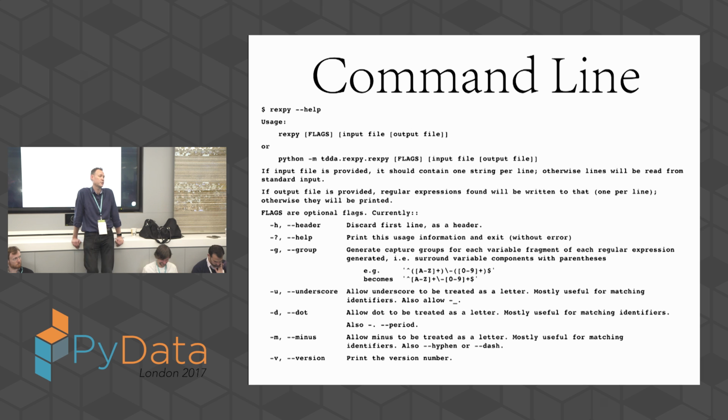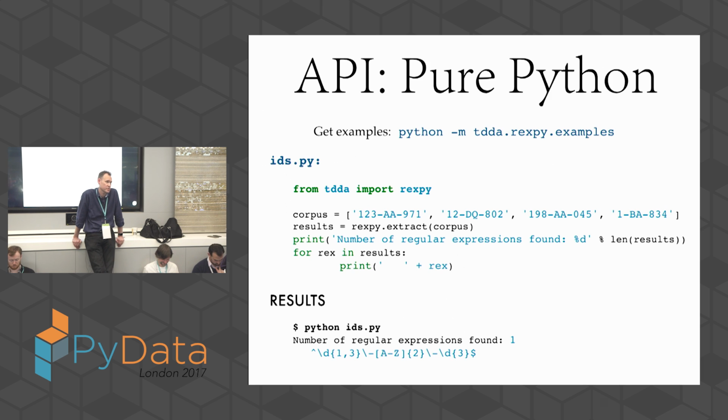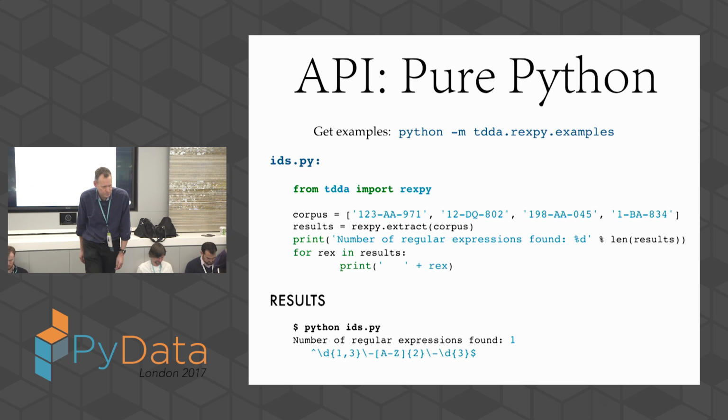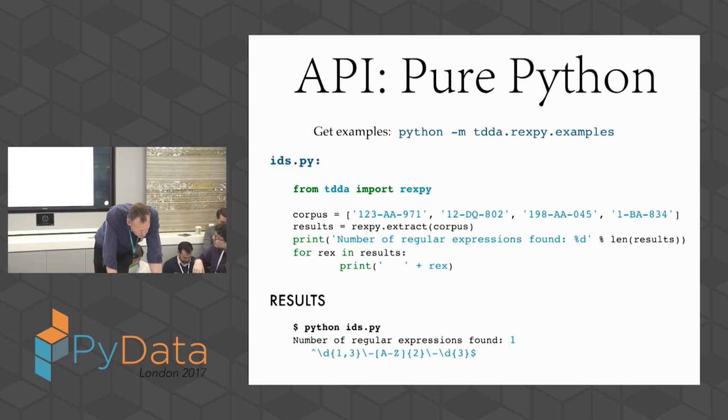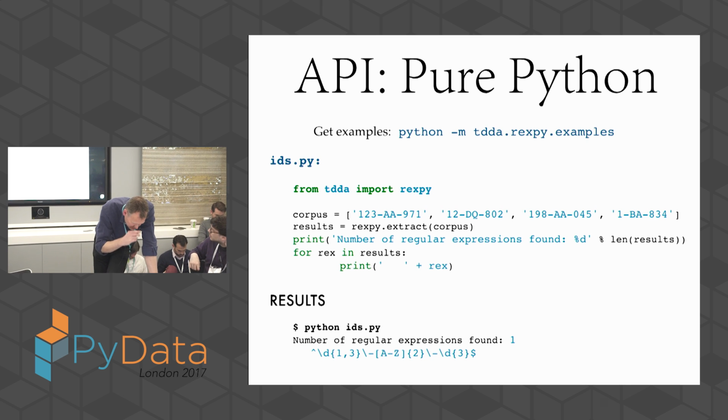It will also work with string columns in DataFrames, so you can just give it a column from a DataFrame and it will work directly from that. And so very soon it will use that for the constraint generation and the constraint validation as well. That's an example of doing it in Pandas.